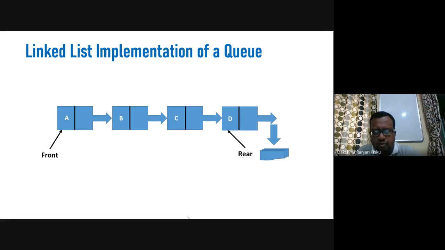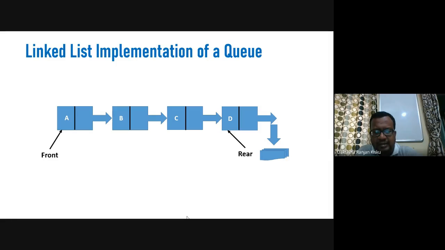what we will do is take two pointers. One pointer is called the front pointer, another is the rear pointer. The front pointer will point to the first node of the linked list. So here we can see there are four nodes A, B, C, and the first node A is pointed to by the front pointer.